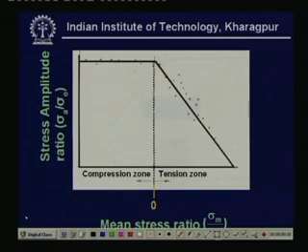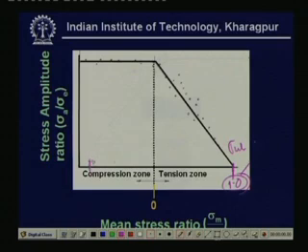Please note that in this zone, if we take some point, 1.0 means this is based on sigma ultimate, this is based on sigma UL.